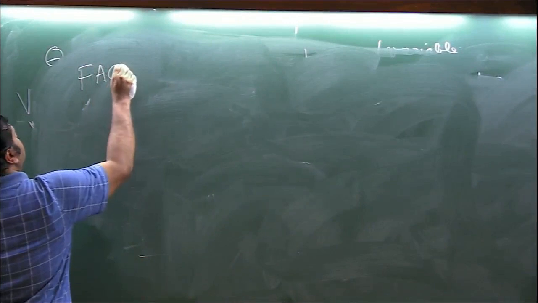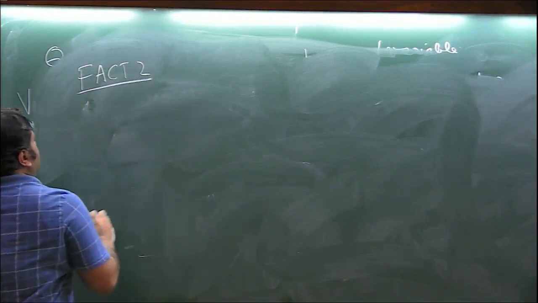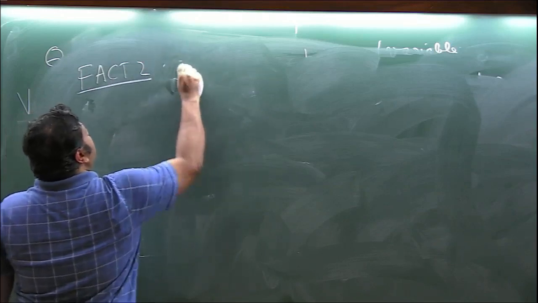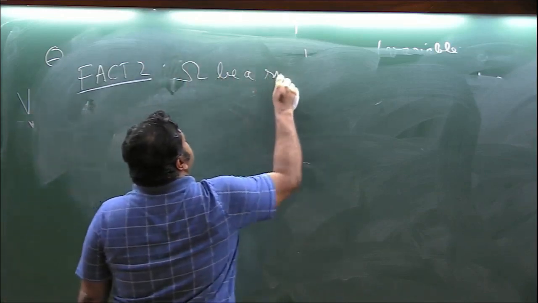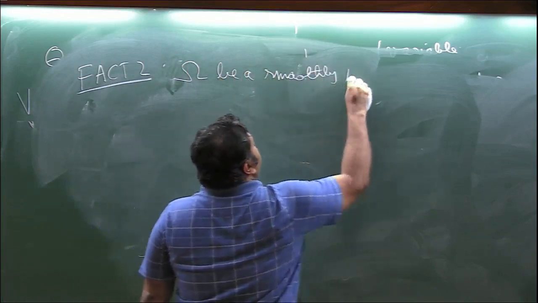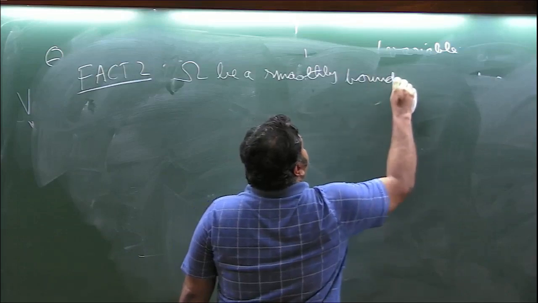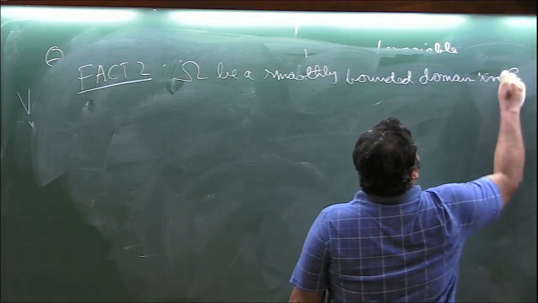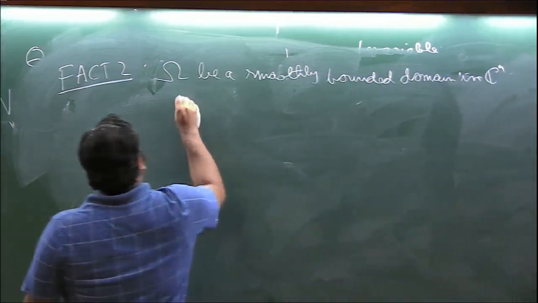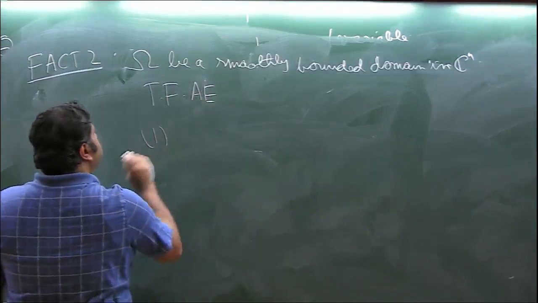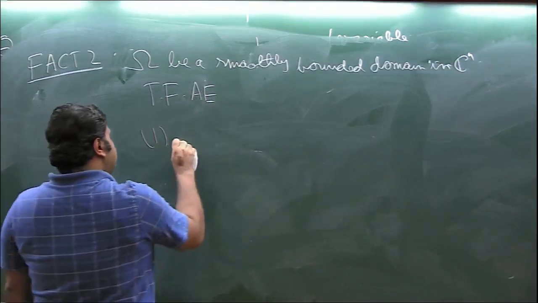Maybe I'll state fact 2 right away. So the following are equivalent. Okay, so let omega be a smooth bounded domain in Cn. Then the following are equivalent. 1, omega is pseudo-convex.